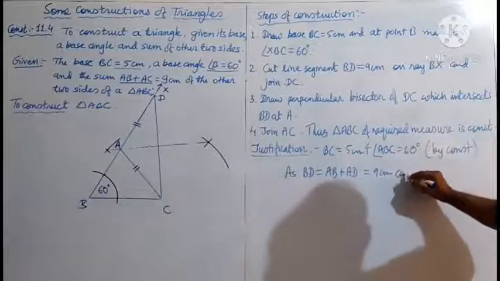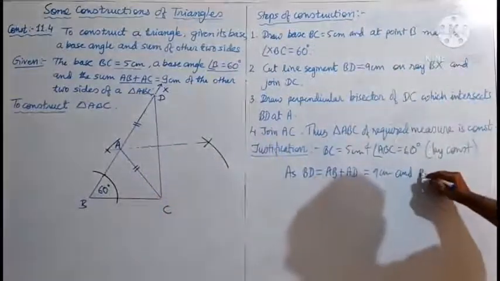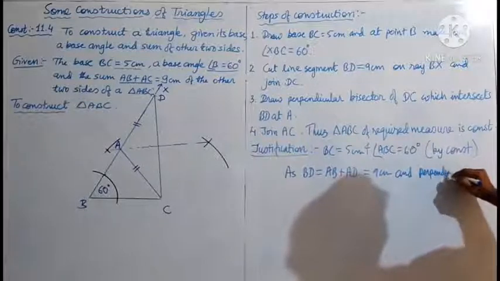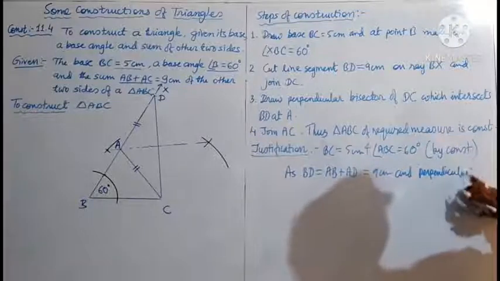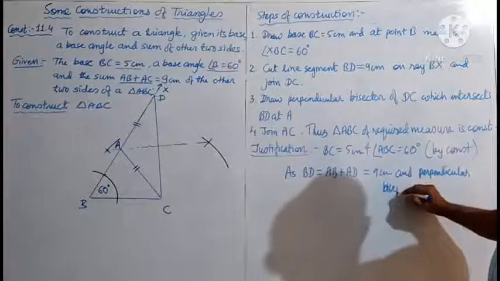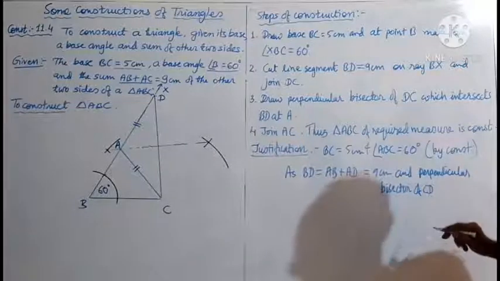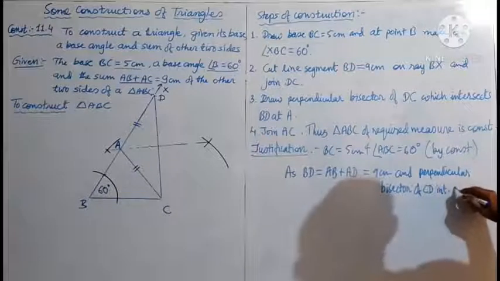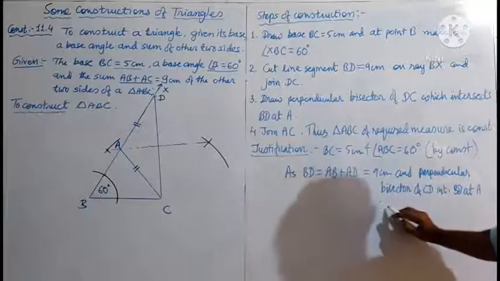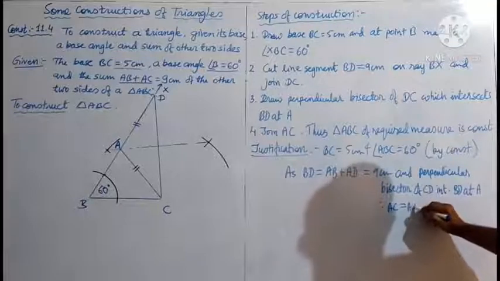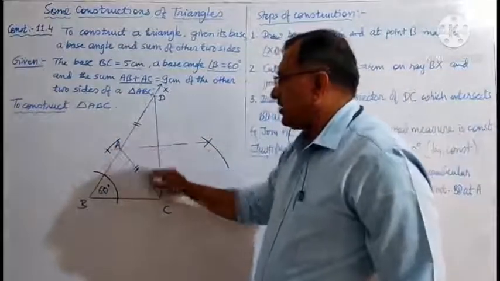The perpendicular bisector of CD intersects BD at A. Therefore, AC is equal to AD.